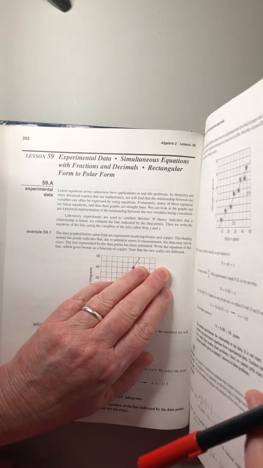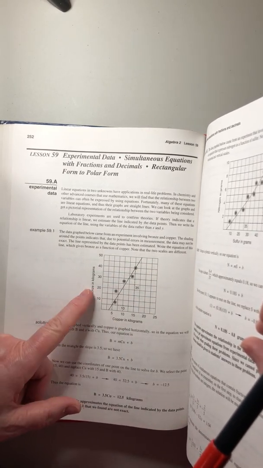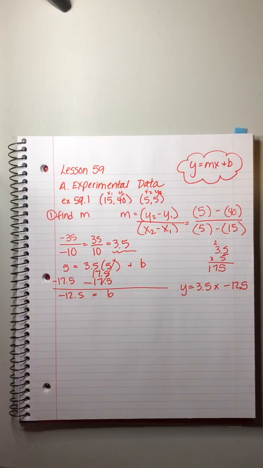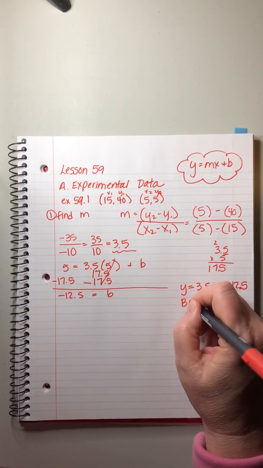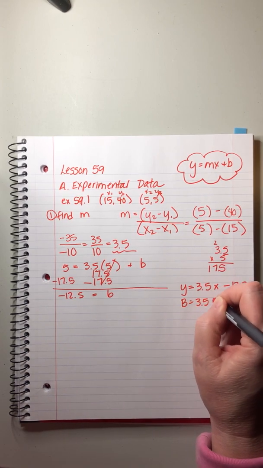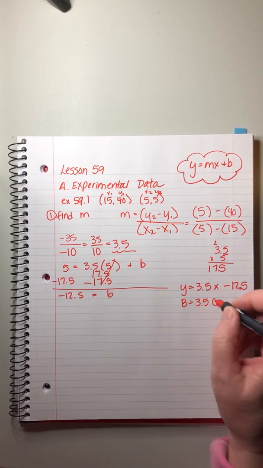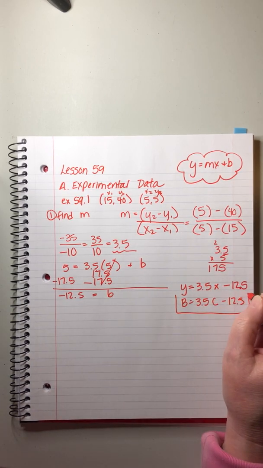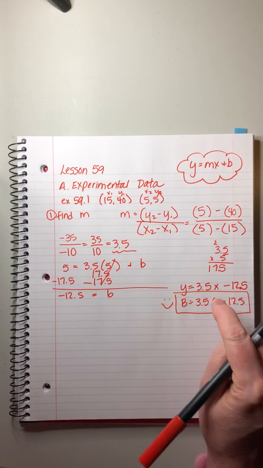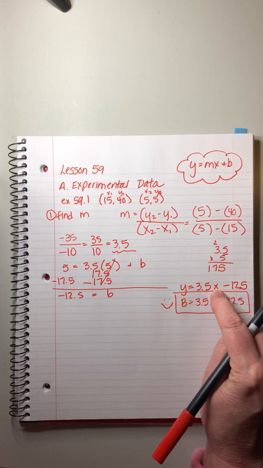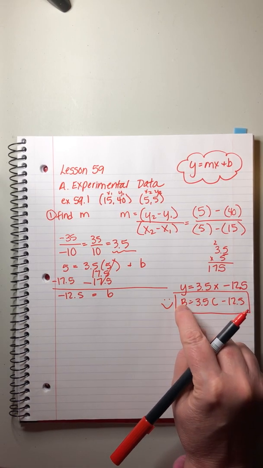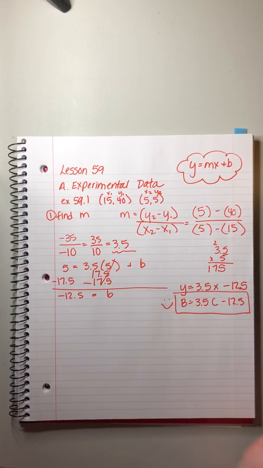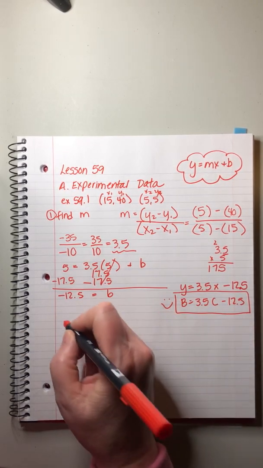And does it say it up here? No, it doesn't. If you don't know this, we could just use C, and then we'll put B for y in. So what we'll do is we'll just rewrite this as B equals 3.5C, I'm going to pretend I don't know the abbreviation for copper, minus 12.5. Okay? So that just makes us feel sciencey. And again, we just put in the letter that matches to the x-axis where the x goes, and we put in the letter that matches to the y-axis where the y goes. And we're done. Yay. One more of these.